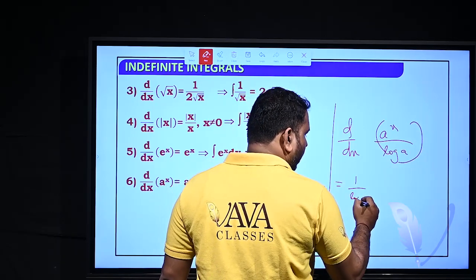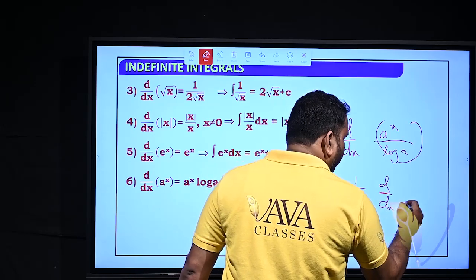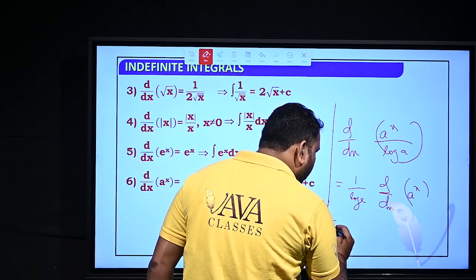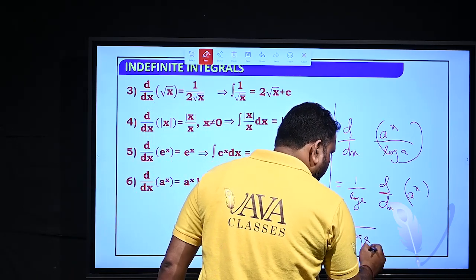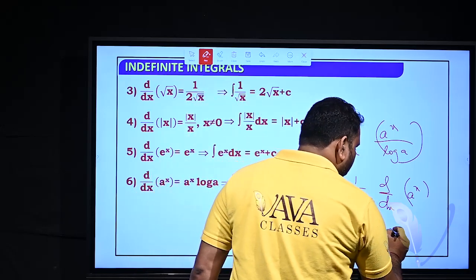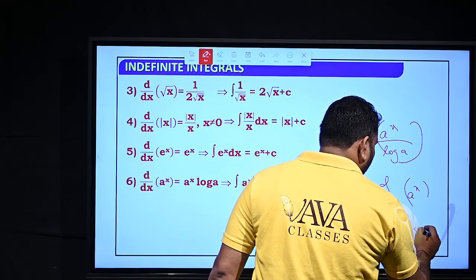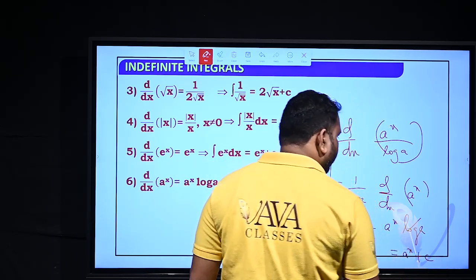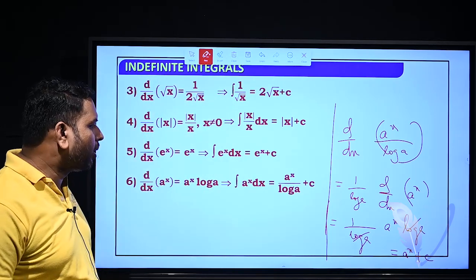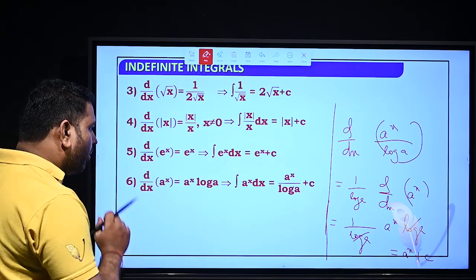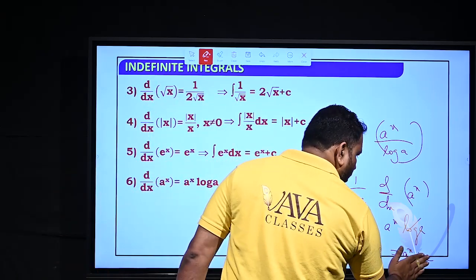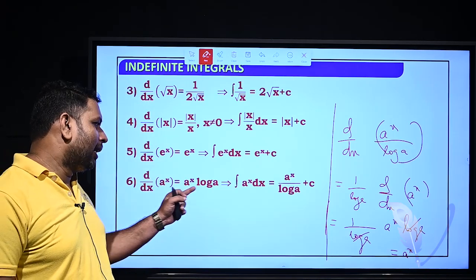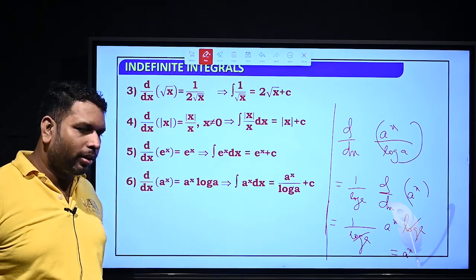This is 1 by log a times the derivative of a^x, which is 1 by log a times a^x log a. The log a cancels, giving a^x. So the integral of a^x is a^x by log a plus c.